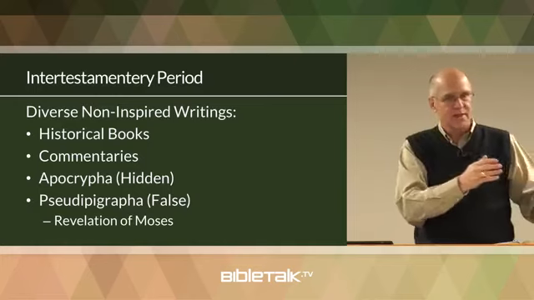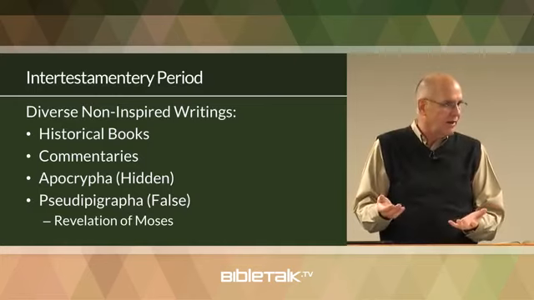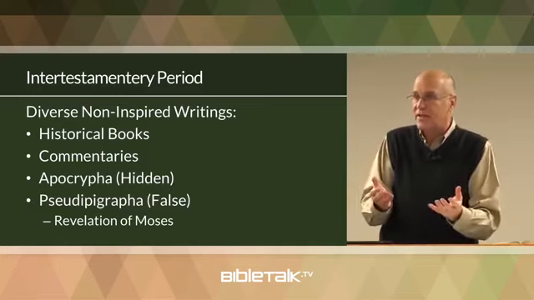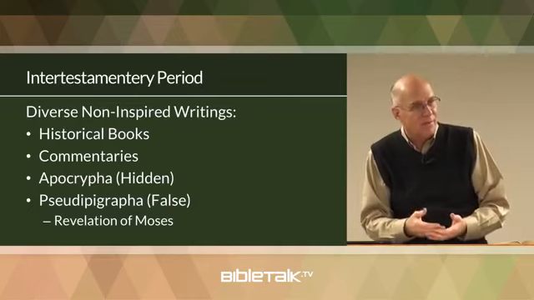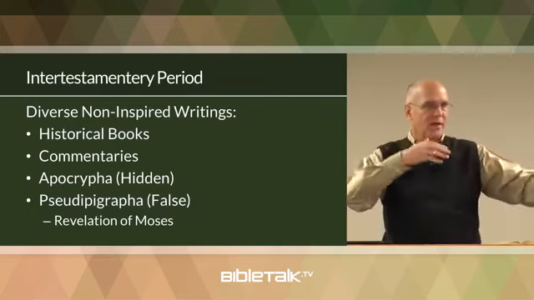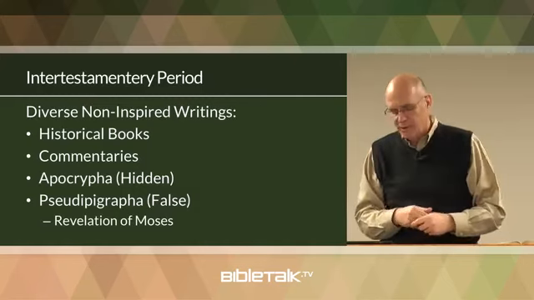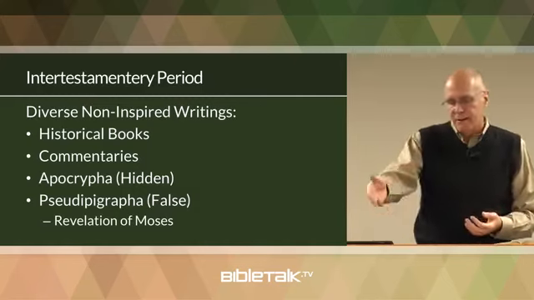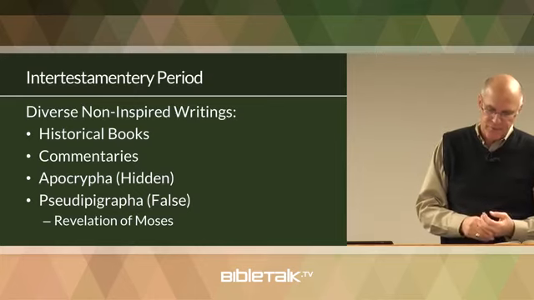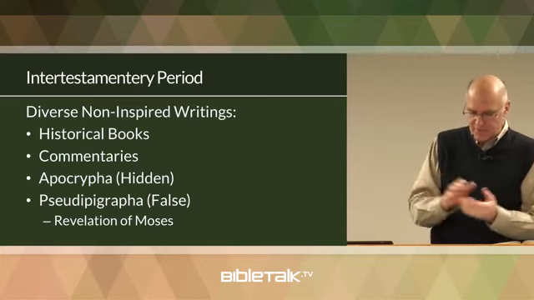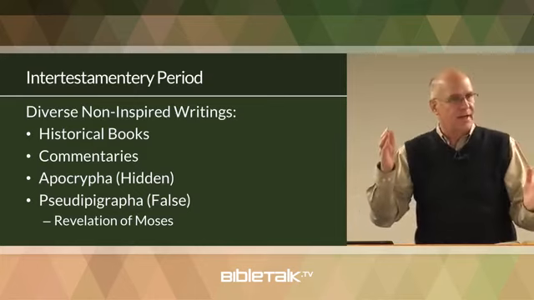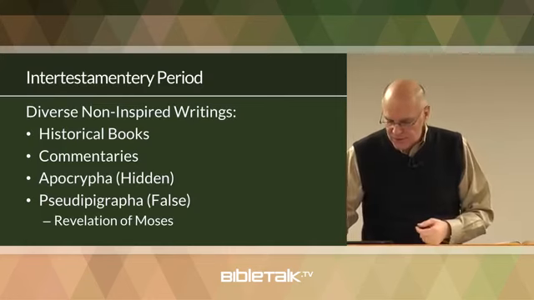And so that's why they had such a mistaken idea or a confused idea on who the Messiah was supposed to be, because they had so many contradicting ideas that they were consuming through this type of literature. Okay, so that gives you that intertestamentary period there and some of the things going on there.